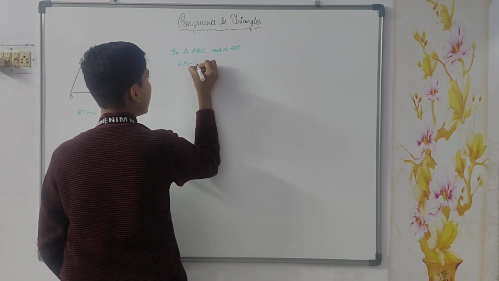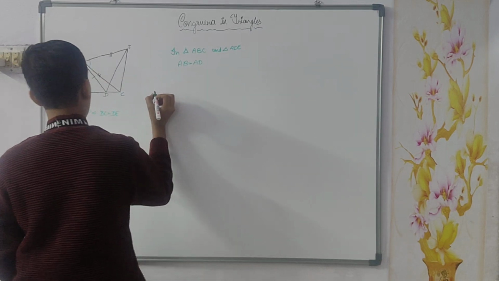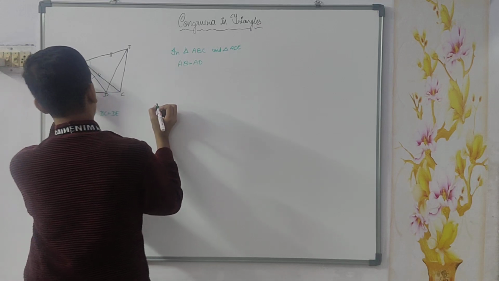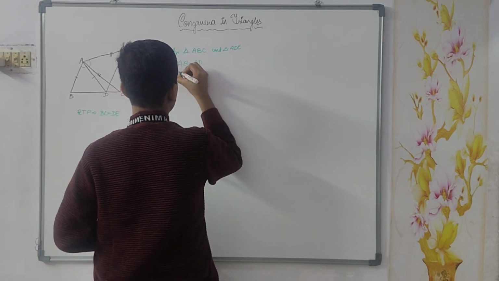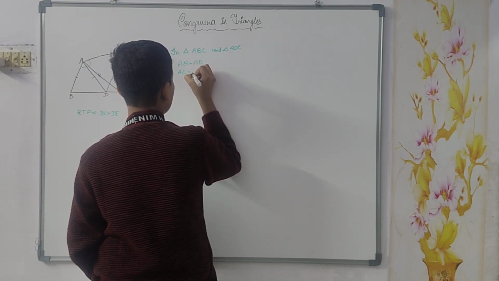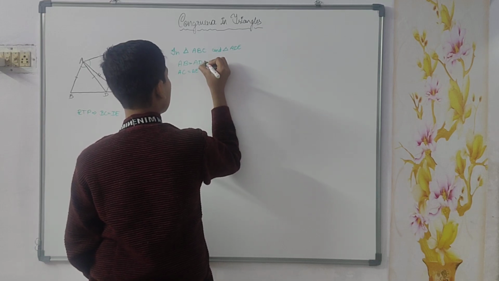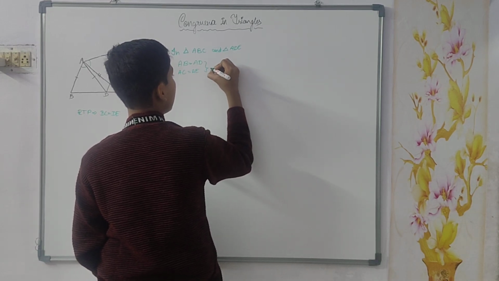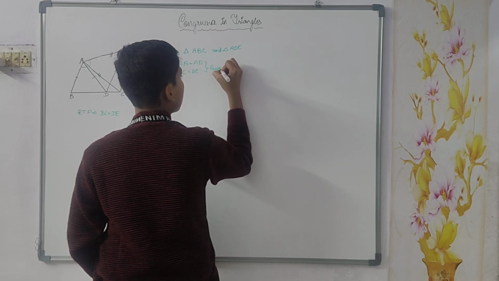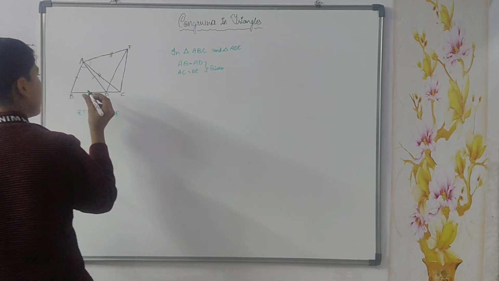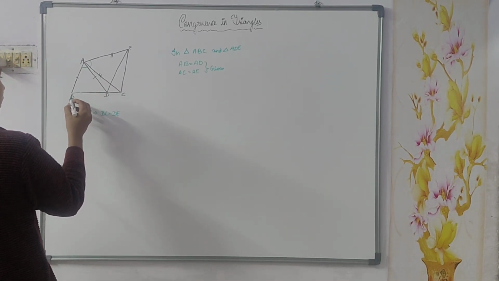AB equal to AD and AC equal to AE. What will we write? Given.